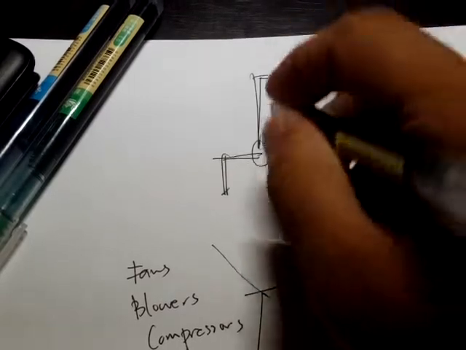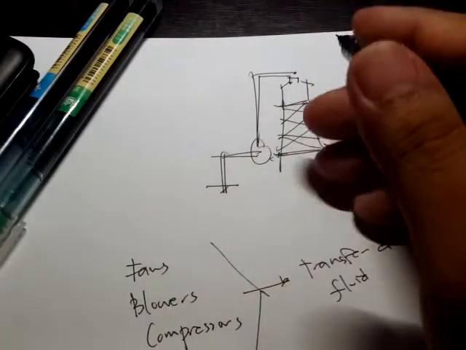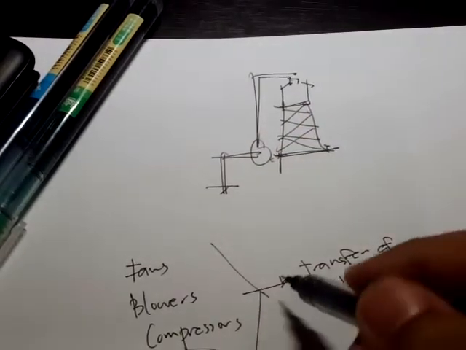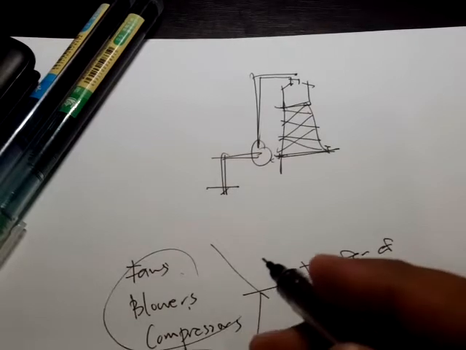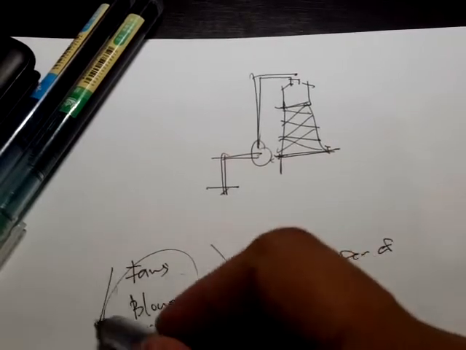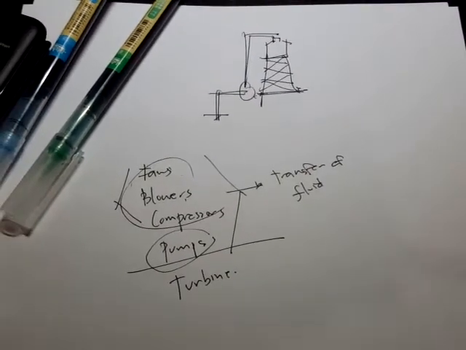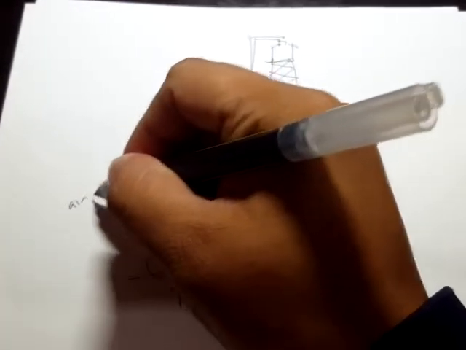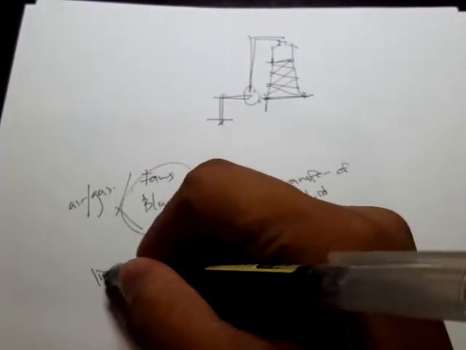If you want to transfer the water from this source to that, then we use these fluid machines called pumps. Now, fans, blowers, and compressors are also used to transfer fluids, except that the fluid that's being delivered is air or gas. This one is for liquids.